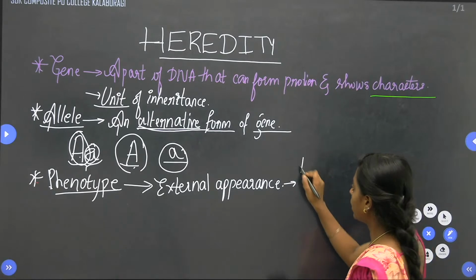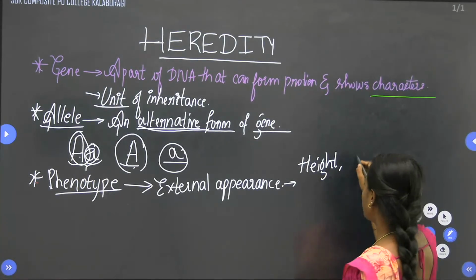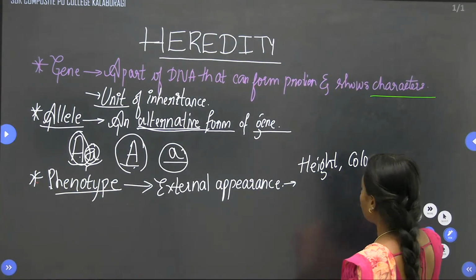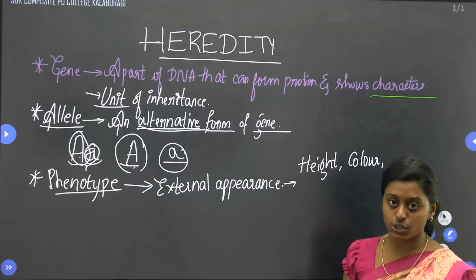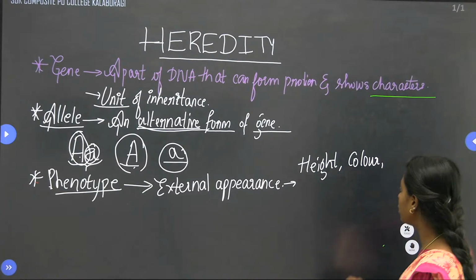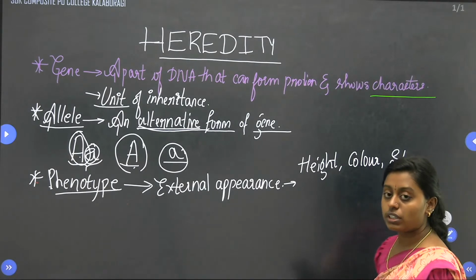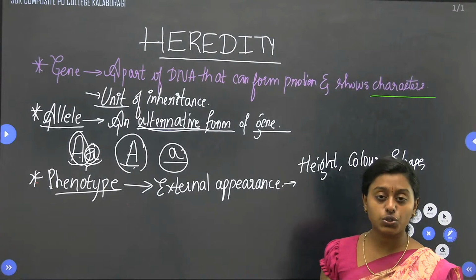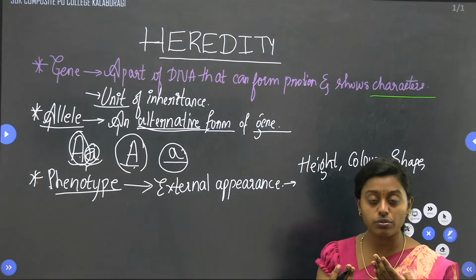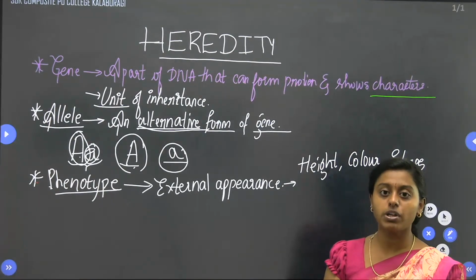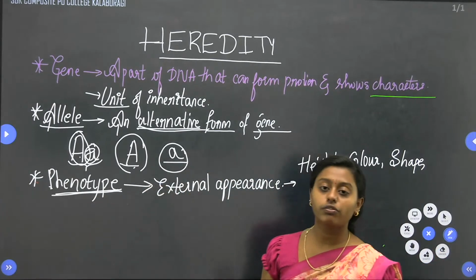That can be height, such as tall, short, or it can be in terms of color, for example white, brownish, gray, black, yellow, blue, etc. Or it can also be in terms of shape, that is straight, curly, inflated, constricted, etc. So all these which we can easily observe externally in an organism and easily tell what it is, that is considered to be phenotype.